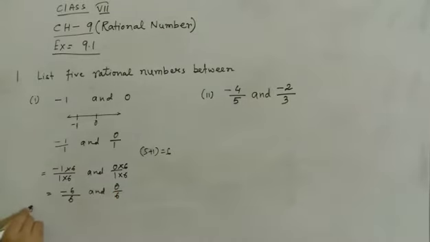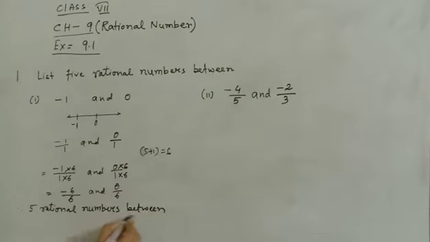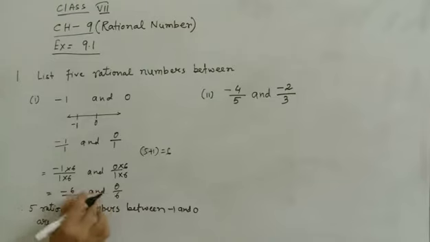Therefore 5 rational numbers between -1 and 0 are, see, -6 by 6. We will not write these two numbers, but in between the numbers I can write now.